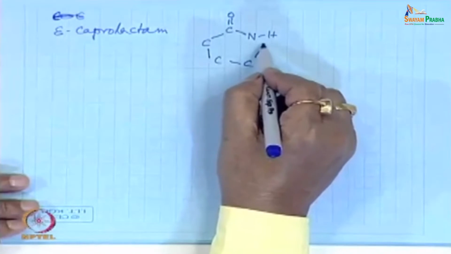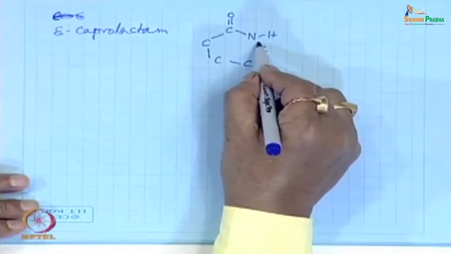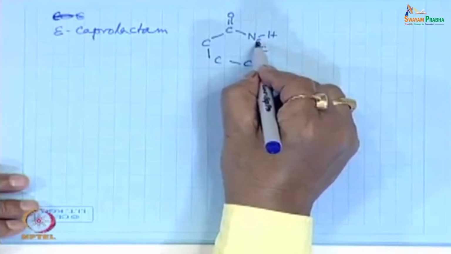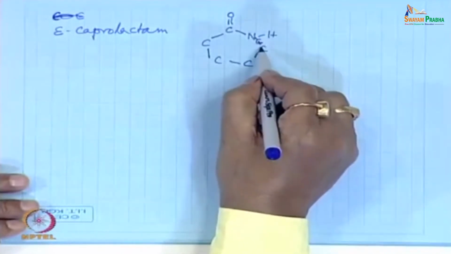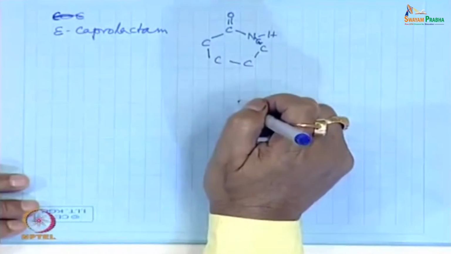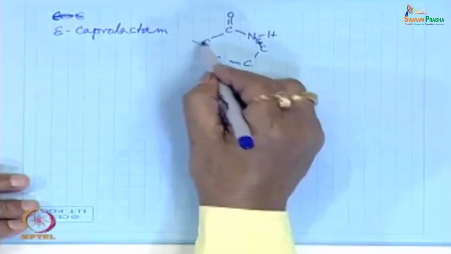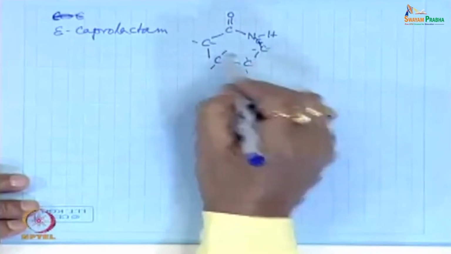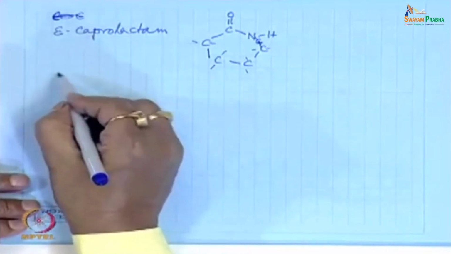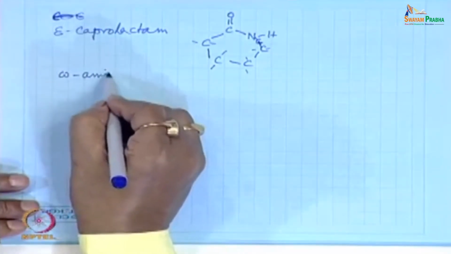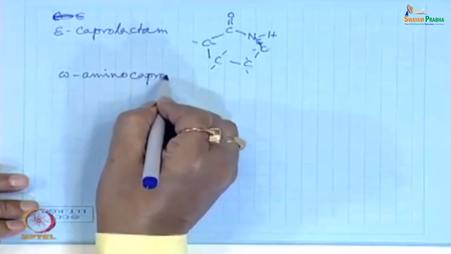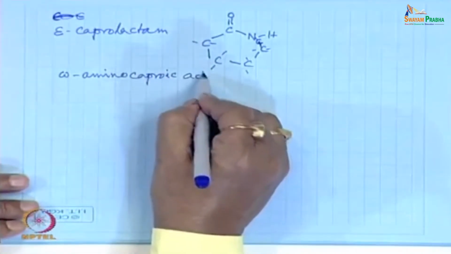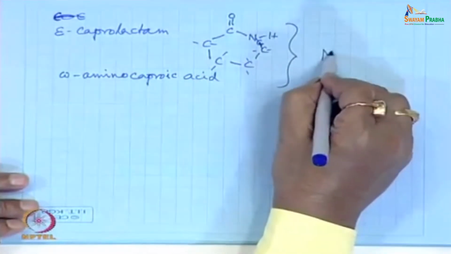Oh, there will be one more C. I am sorry, one more C. Nylon 6, caprolactam ring compound, or you can have the same nylon 6 from omega amino caproic acid, is open chain compound, both lead to nylon 6.